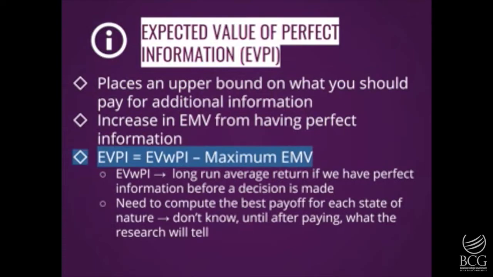Moreover, it is also known as the increase in EMV from having perfect information. To get the EVPI, we first get the EVWPI, or the expected value with perfect information, less the maximum EMV. The EVPI is the long-run average if we have perfect information before a decision is made.